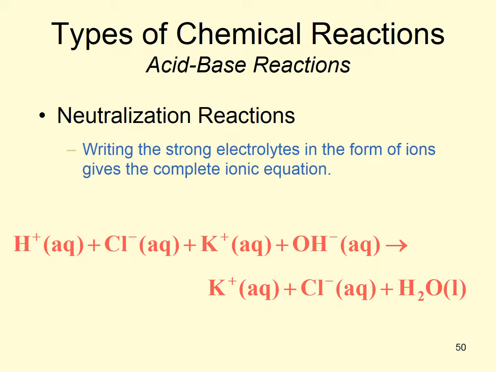So we know that HCl is a strong acid, so we write it separately as the ions. And we know that KOH is also a strong base, so we write that separately as ions. And now going back to our solubility rules, we know that anything that has potassium in it is soluble, so our KCl is also aqueous, so we write that as separate ions. H2O being a liquid, we leave as is.